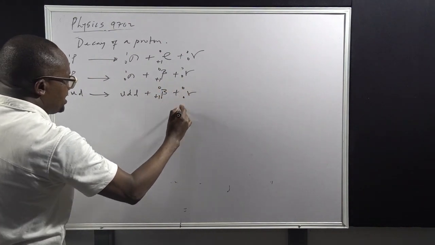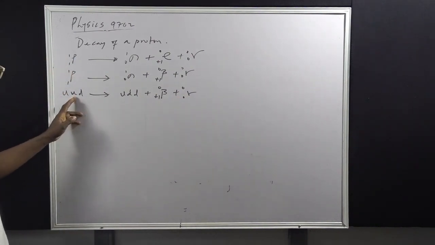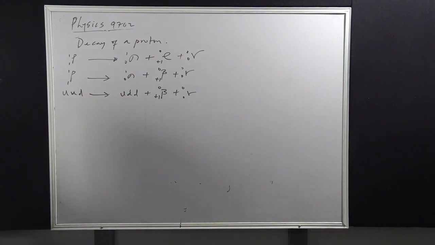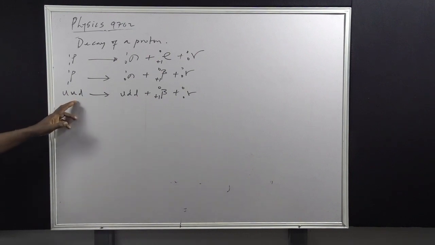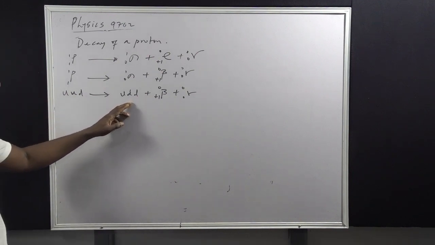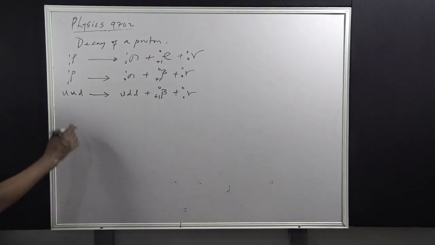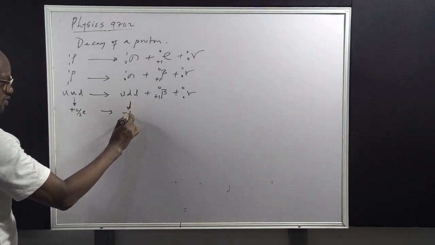So we can easily say that a positron is produced when an up quark disintegrates into a down quark. In order to balance the charge, this will be plus 2 over 3 changing to minus 1 over 3 plus 1. Because the charge of this up quark is plus 2 over 3e, it changes to a down quark having a charge of minus 1 over 3e.